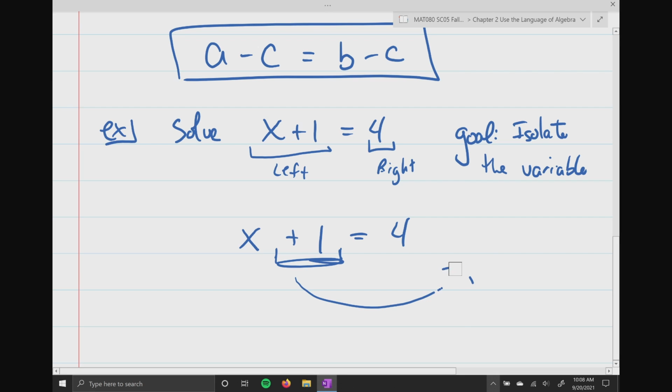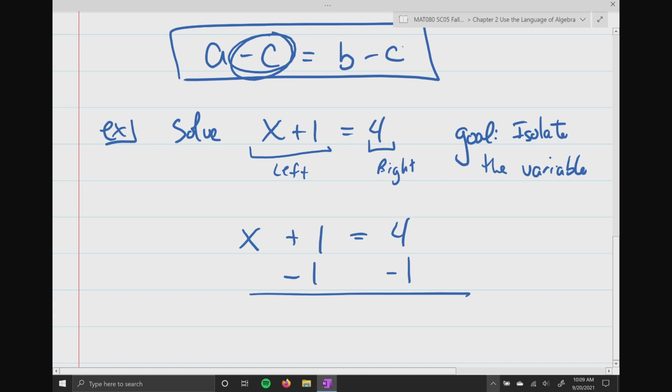So since it's positive 1 on the left, we're going to subtract 1 from both sides. So what I just did right there is I applied this property to both sides of my equal sign. I said, okay, I'm going to subtract 1 from both sides. On the left-hand side, I get x. On the right-hand side, 4 minus 1 is 3. Are there any questions there?